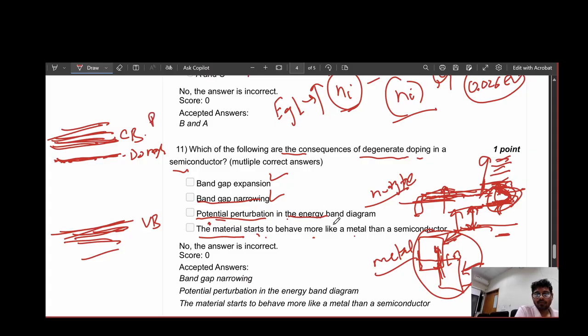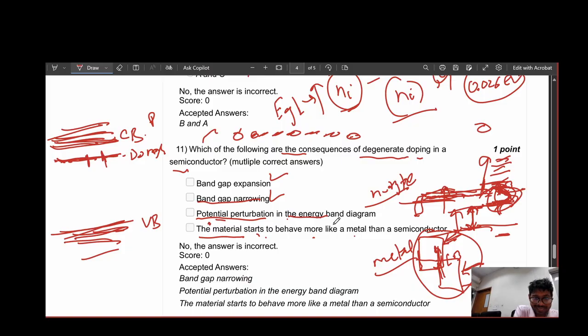The phosphorus atoms are very few, while all the others are silicon, and these phosphorus atoms are not interacting much with each other. But if you dope more and more, they will start interacting with each other, and that will split this energy level as well.